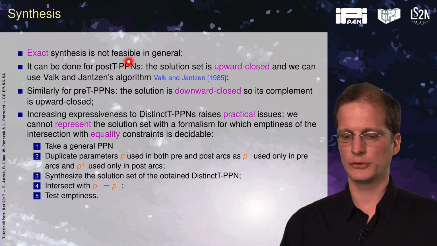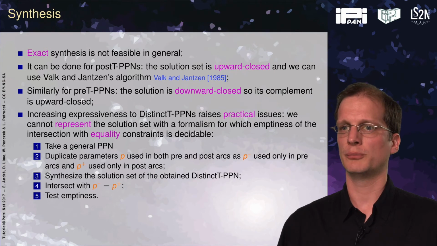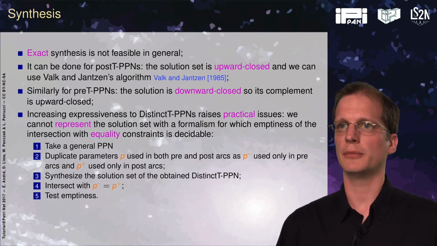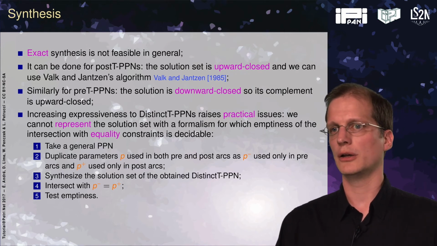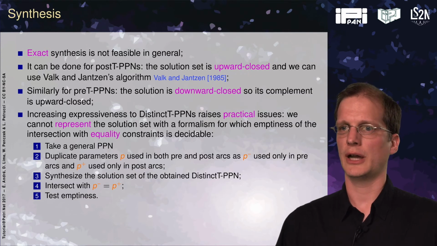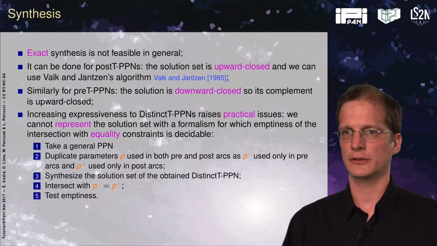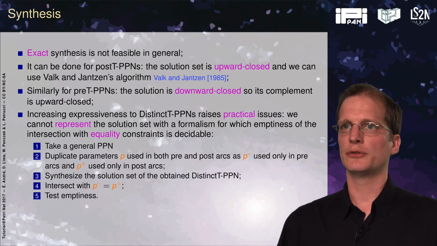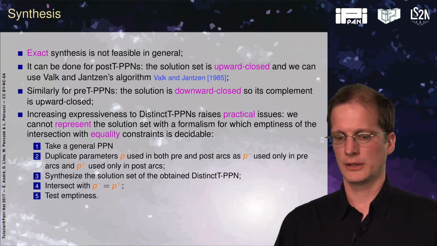In this case, it's easy to show that the solution set, the parameter evaluation set, such that some marking is coverable, is upward closed. It means that all the markings that are greater or equal, component by component, are in the set. And then we can use a well-known algorithm by Valk and Jantzen, which permits to compute a finite basis of such sets.